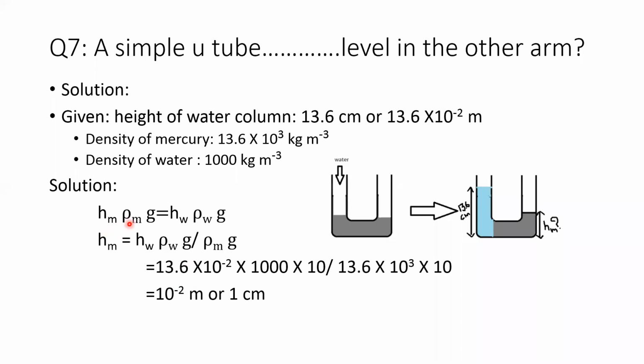This is the pressure on the mercury column, which equals the pressure on the water column. So the height of the mercury column will be equal to pressure of water divided by density of mercury times acceleration due to gravity. When we calculate this entire value, it will come to 1 centimeter.